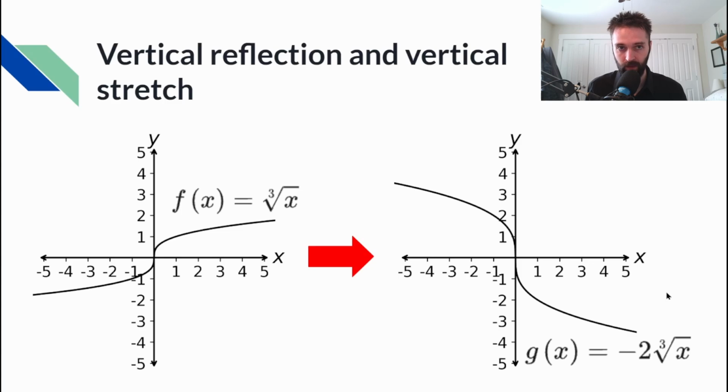So if this constant being multiplied by the function is negative, you'll get a reflection, and then you'll get either a stretch or a compression. In this case, it was a stretch.